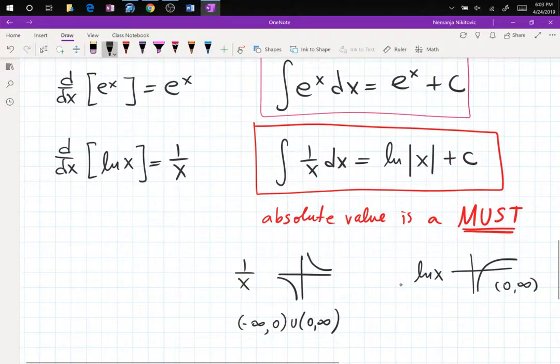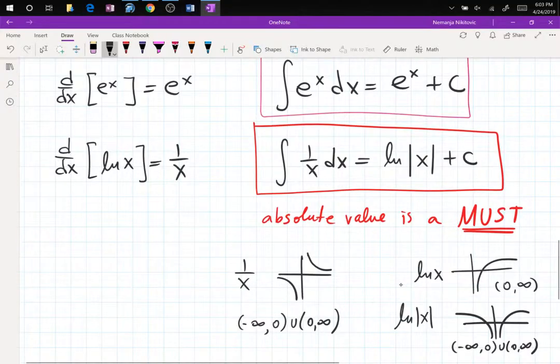Do we see an issue? Because if I am allowed to plug in negative 3 on the left side of the formula, I better be allowed to plug in negative 3 on the right side as well. Does that compute? So ln absolute x has domain exactly the same as the domain of 1 over x.